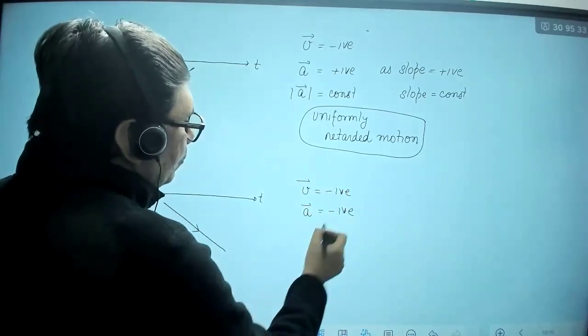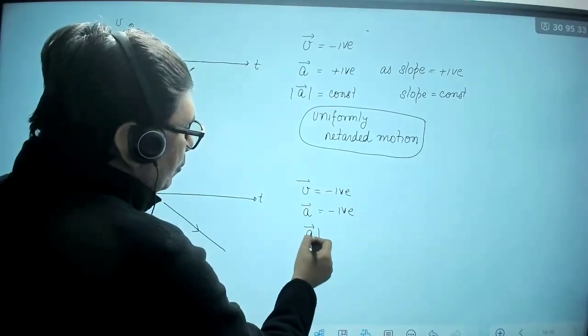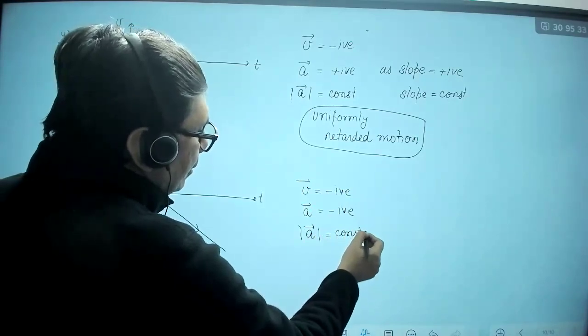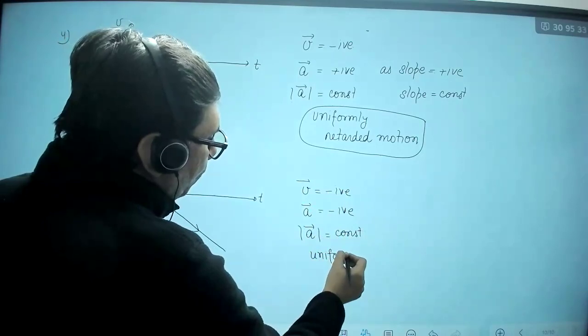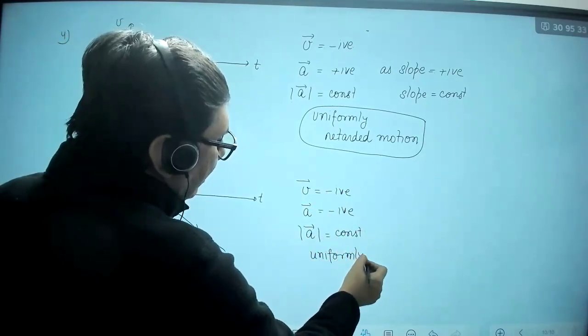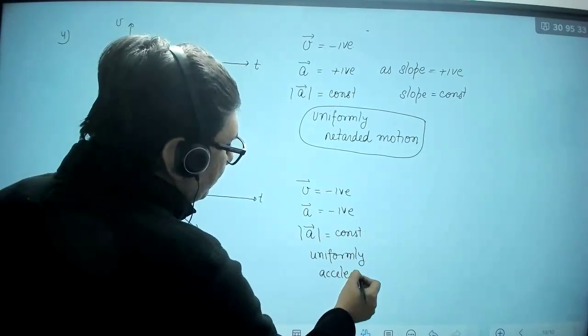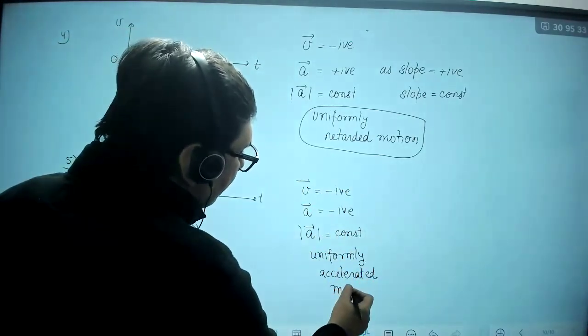So what type of motion will it be, as the slope is constant, magnitude is constant? So this will be uniformly accelerated motion.